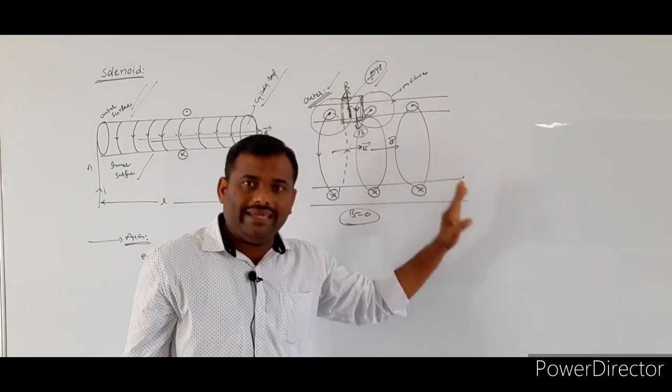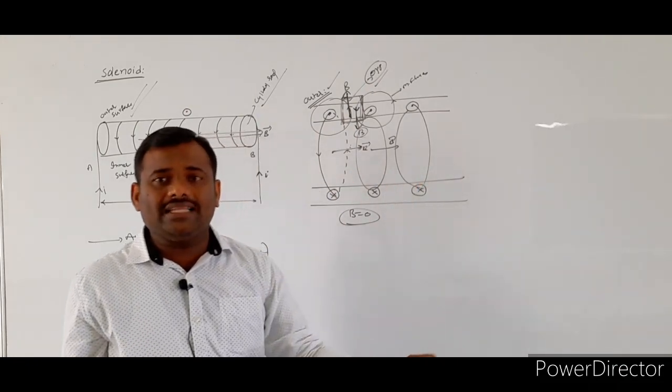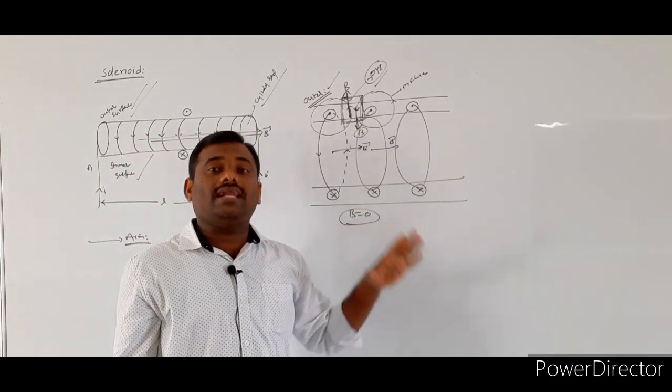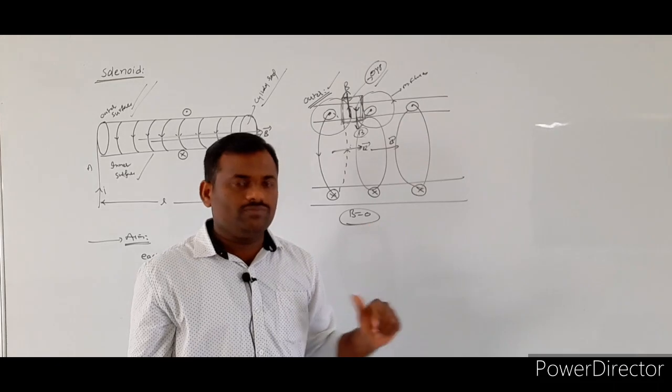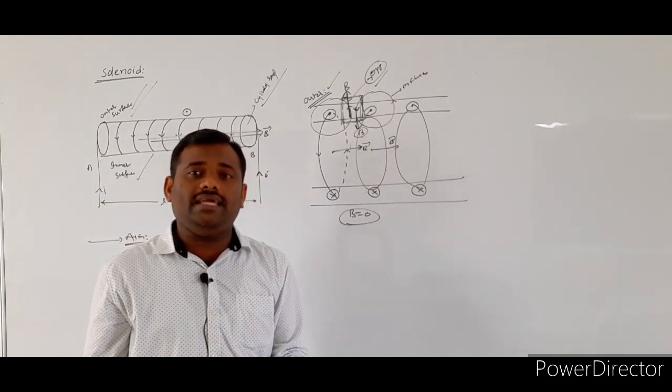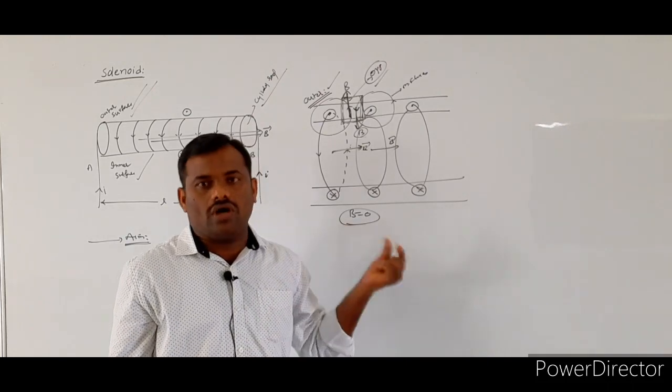The magnetic field exists only along the axis of the given solenoid. This is the reason behind that. Now we are going to derive the magnetic field intensity for the solenoid.